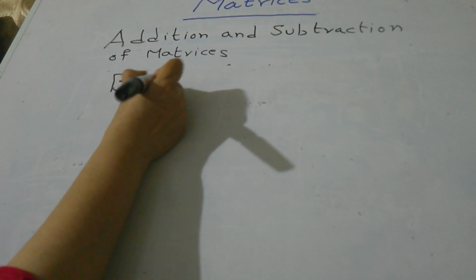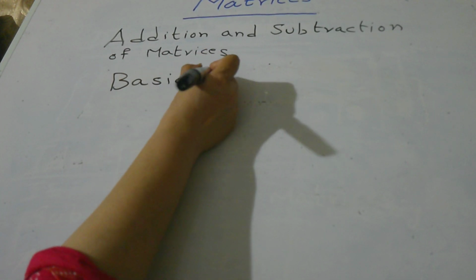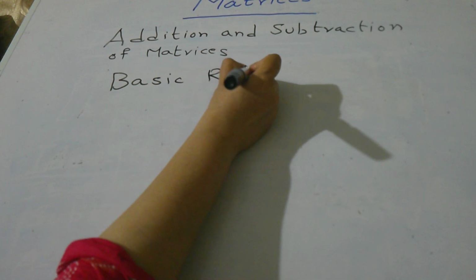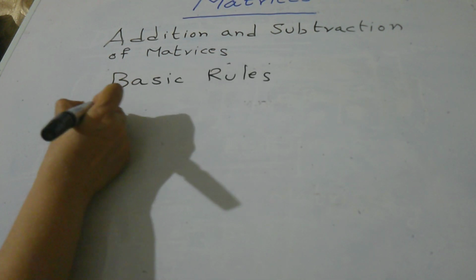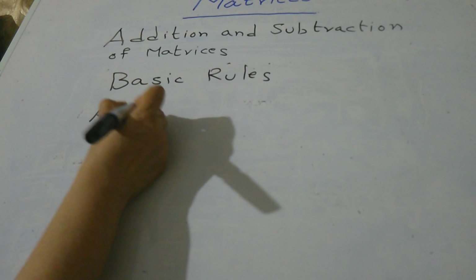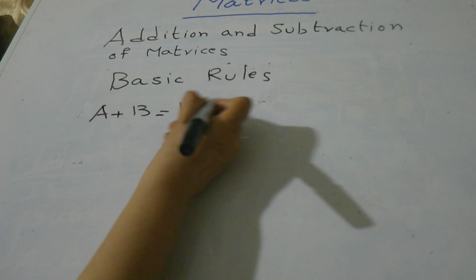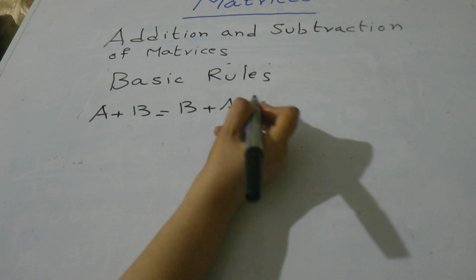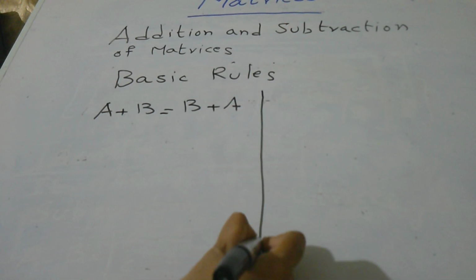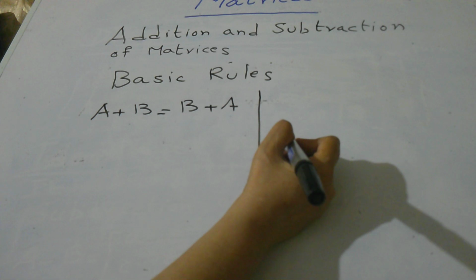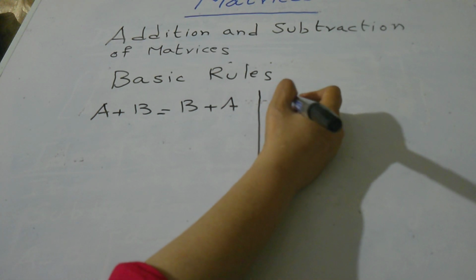I am writing basic rules. A plus B is equal to B plus A. If you are doing like this, then position of A and B will not be changed.